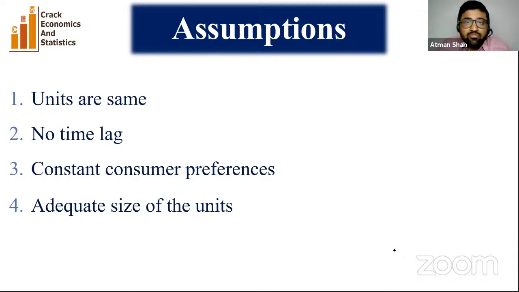So the size of that commodity that consumer is consuming is adequate. So if all these assumptions are true, we can say that each successive unit will give lower and lower utility to the consumer. So marginal utility from each successive unit is declining.